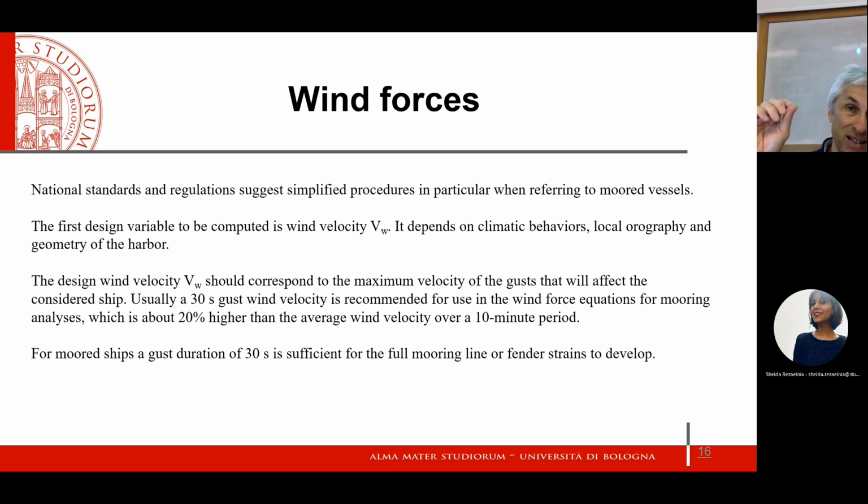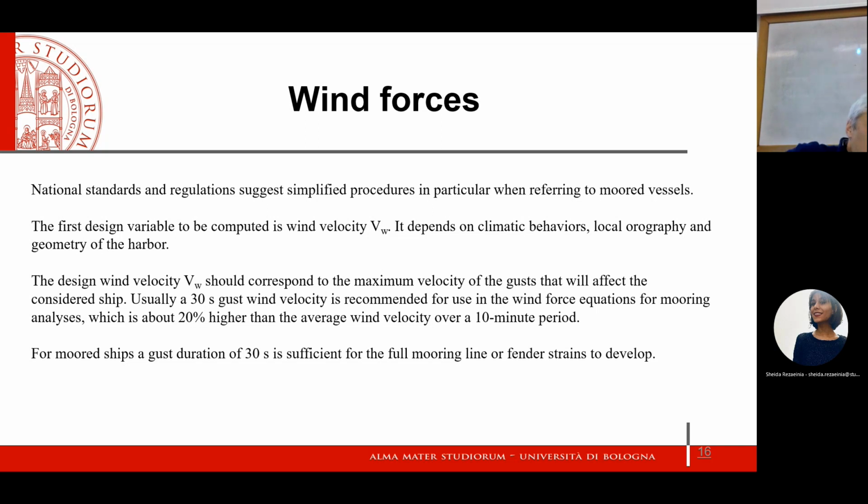They didn't have a ready answer to give, but they said, design variable is not really what we say. We prefer to say design event. Okay, anyway, I think we understood each other. Wind velocity, the wind velocity that is used for our project. Of course, it depends on climate, and we estimate it from the data. It depends not only on climate, it also depends on the harbor.